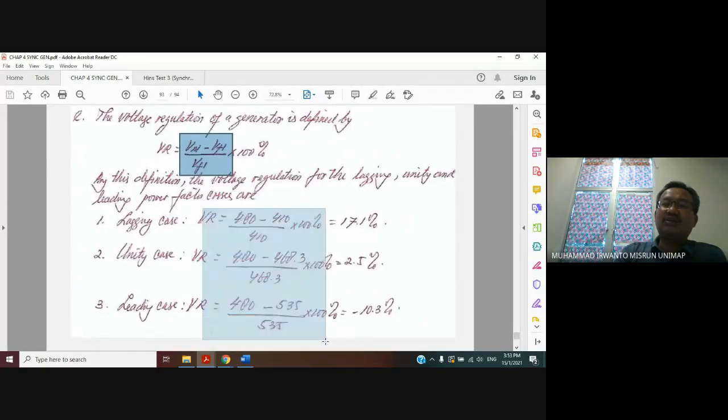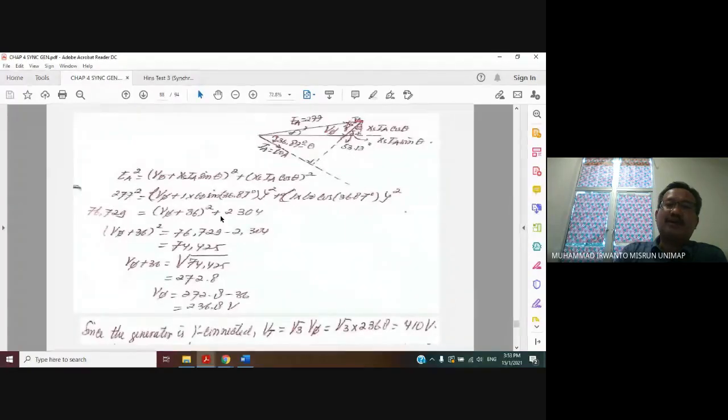In this case, we use the line voltage. So, lagging case, voltage regulation is equal to: no load line voltage, I repeat again, 480 volt minus full load line voltage, 410, this one, it is for the lagging power factor.